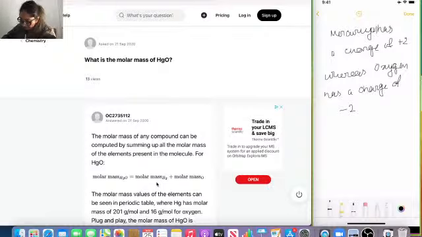When you're writing a chemical formula, you basically reverse the charges. What I mean by that is, this is mercury and it has a charge of +2, oxygen has a charge of 2 negative, right?